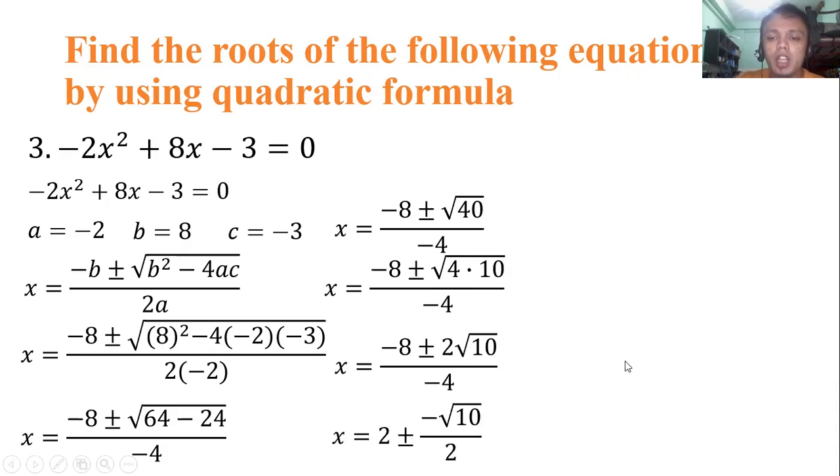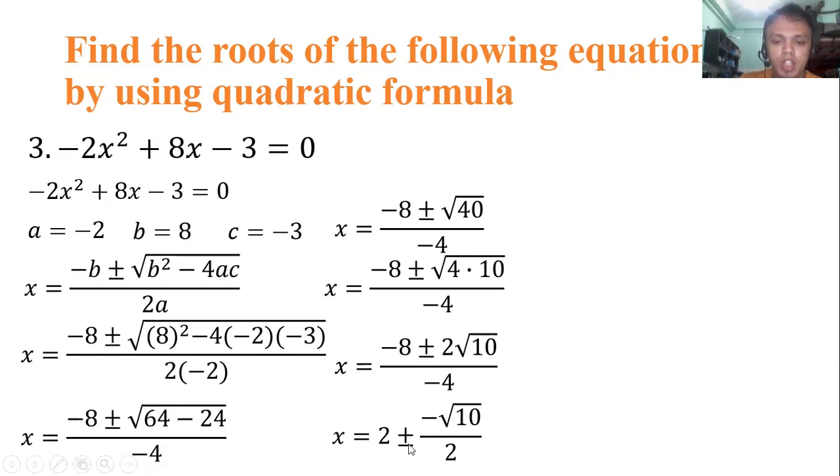And then, we separate. Negative 8 divided by negative 4 is 2. Then 2 divided by negative 4, or in lowest terms, we have 1/2.